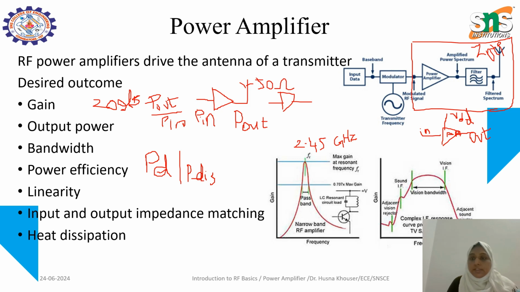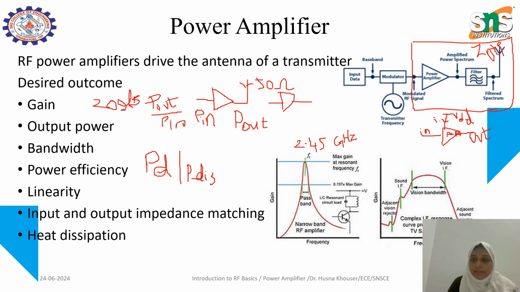And in this case, if you see this power amplifier, the power dissipation is nothing but how much power has been used by this power amplifier, and what will be the output. What the power amplifier will do is pull the power from the source, that is nothing but VDD into IDC. We know this, a basic thing.